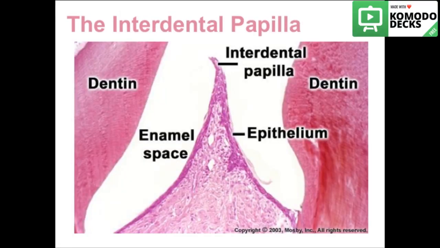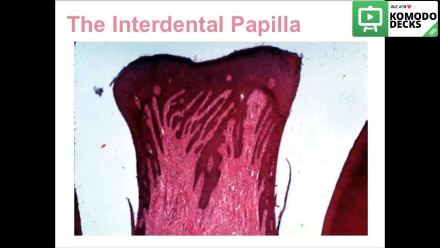The interdental papilla occupies the space between two adjacent teeth and has a triangular wedge shape. Here also it shows the variation of the free gingiva interdental papilla, showing a variation in the epithelial ridges and connective tissue papillae.